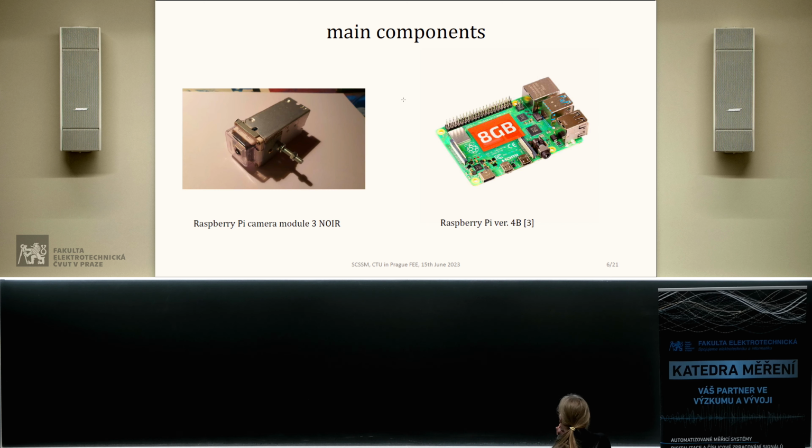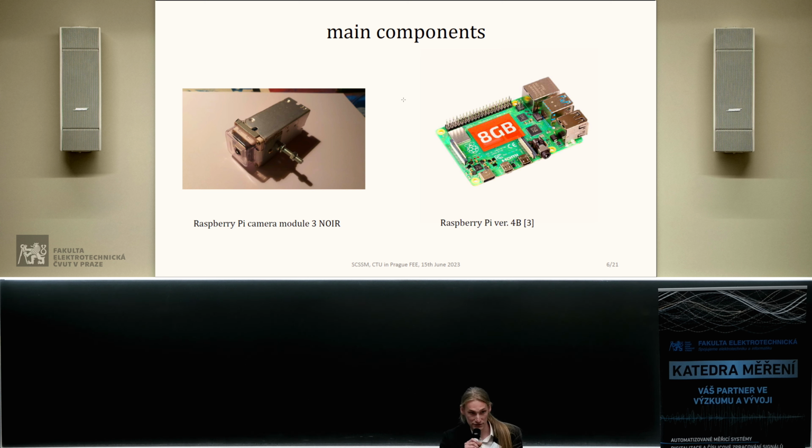The main component of the device is a Raspberry Pi camera without an infrared filter, and it has a Sony chip with CMOS technology. The camera is accompanied by other components, mainly Raspberry Pi version 4.